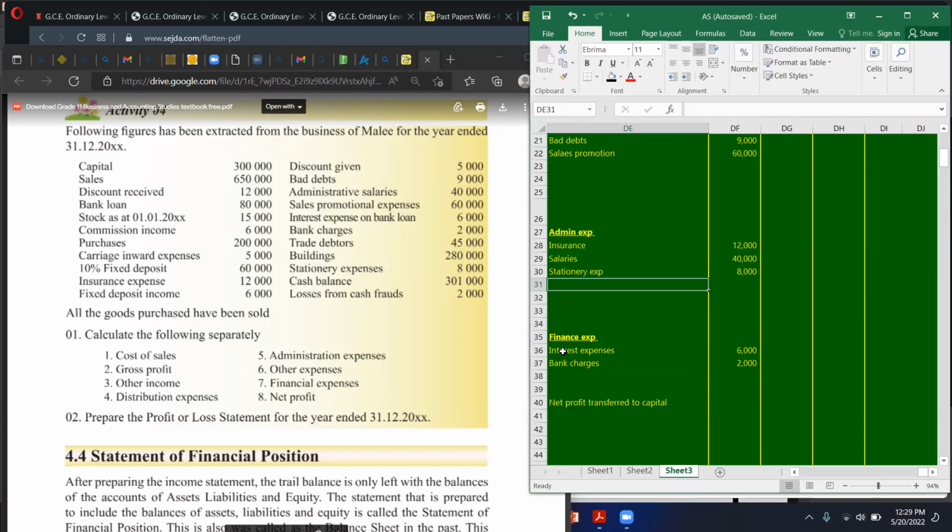Cash is an asset, other expense. Losses from cash frauds.